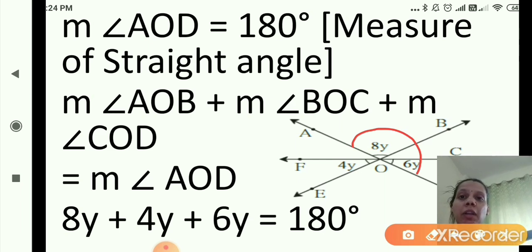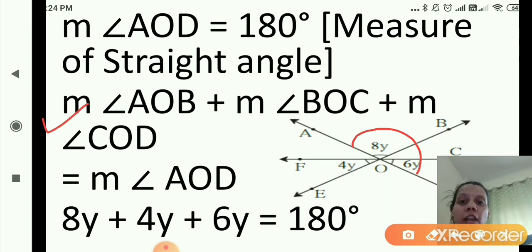In the bracket you will write down measure of straight angle, that's why it is 180 degrees. Then the next step is, the measure of angle AOB plus the measure of angle BOC and the measure of angle COD is equal to the measure of angle AOD, correct?